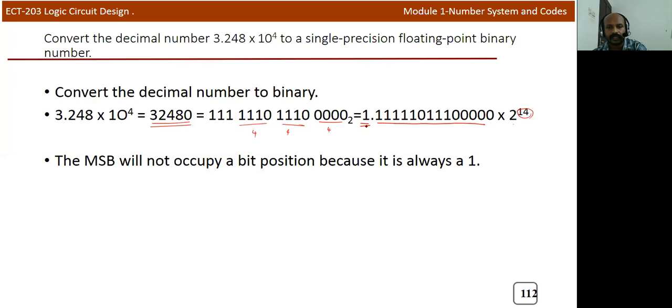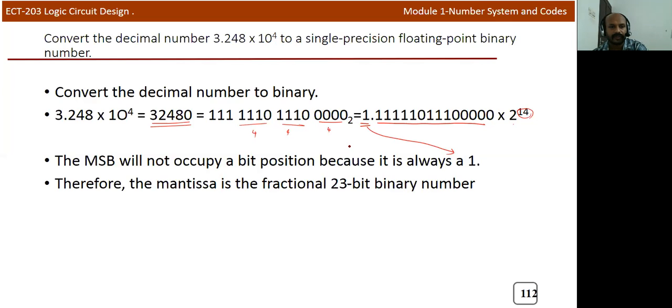We require only 23 bits to represent that, so the mantissa part will use 23 bits. If you include this one, the total is 24, but when you write the single precision, we use only the remaining 23 bits because this is always 1.